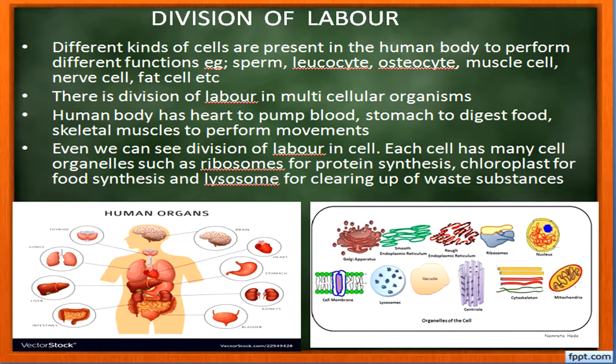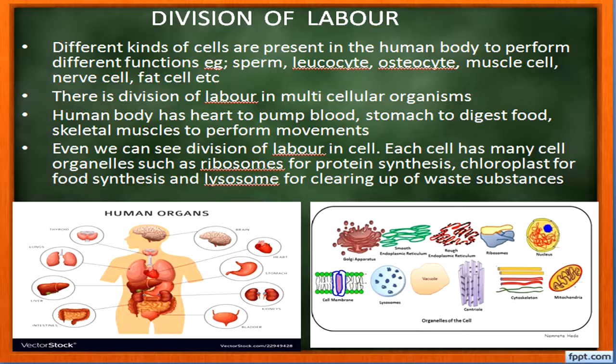So if you take division of labor, labor means work. So the work of the entire organism will be divided among different parts of the organism. For example, the stomach helps us to digest the food, the heart helps to pump blood to all parts of the body, the lungs help us to respire, and the brain controls all the activities of our body.